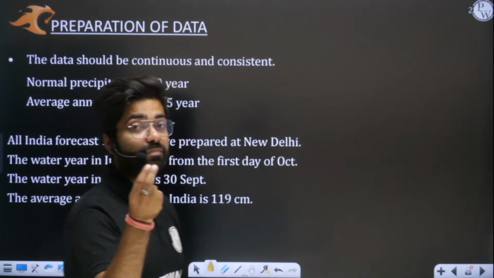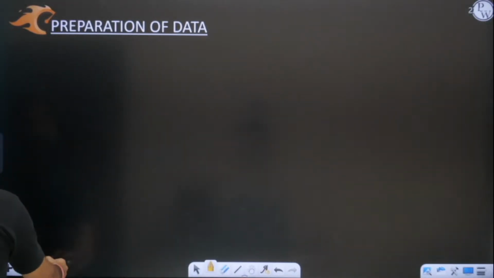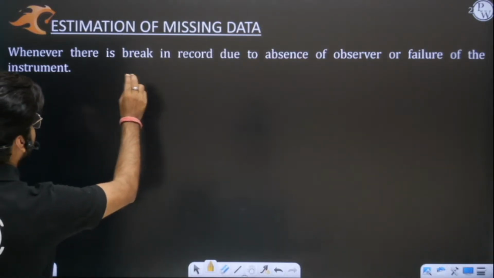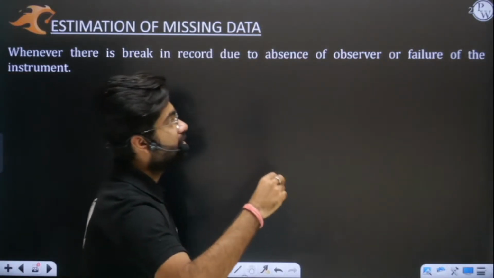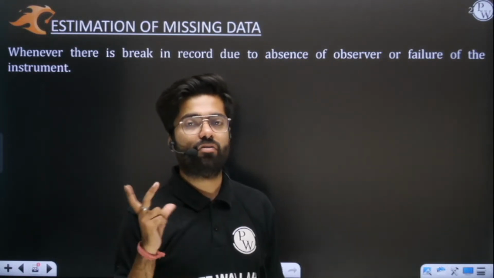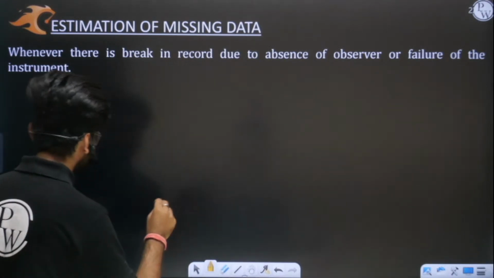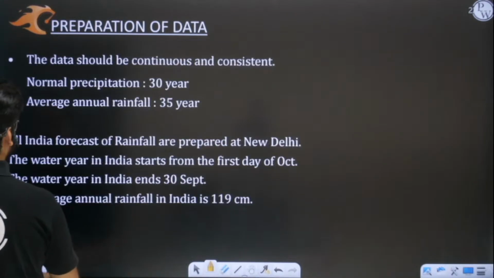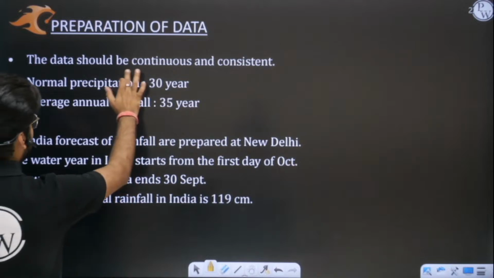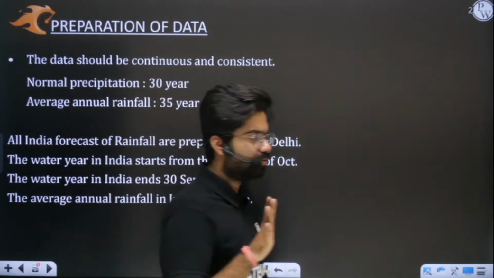We call that missing data. Missing data means we have to find the missing data. If some stations are not working due to some reason, then we have to find that value so that our data becomes continuous. I hope this continuity thing is very, very clear to you.